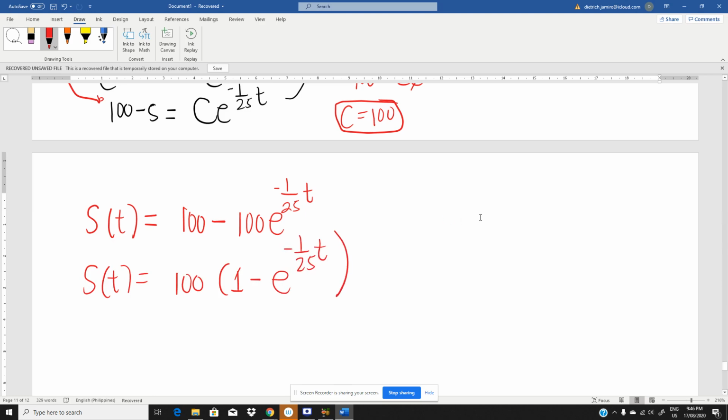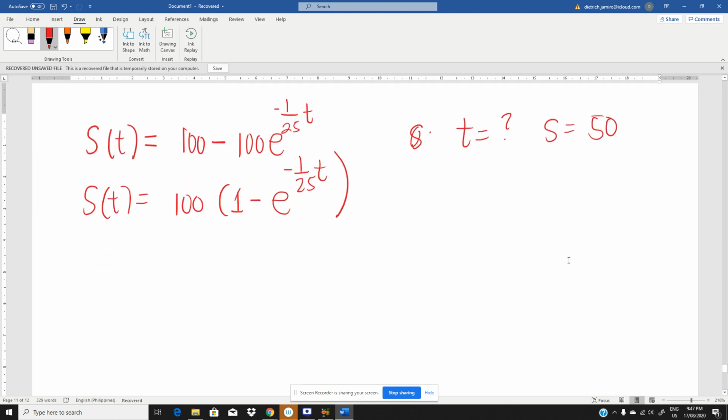So we are asked to find the time required when s is equivalent to 50. So by substituting this, we will have 50 is equal to 100 multiplied by 1 minus e raised to negative 1 over 25t.